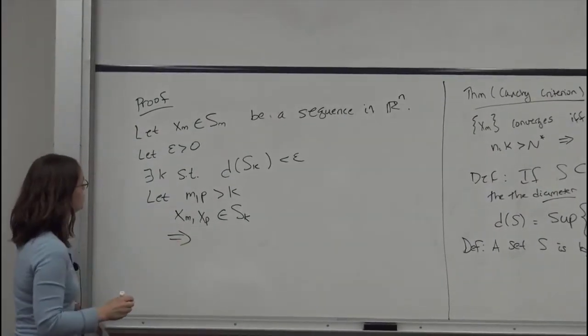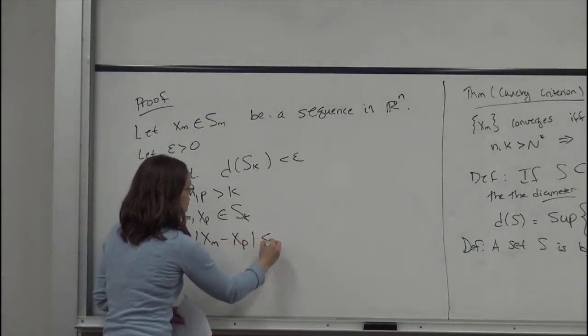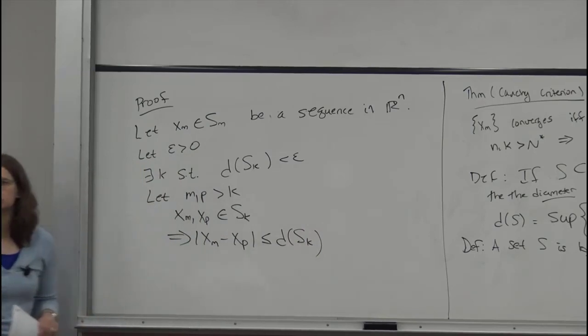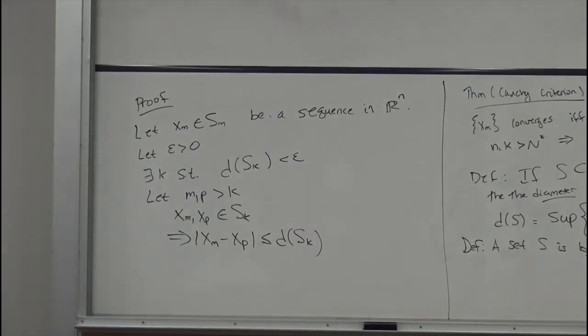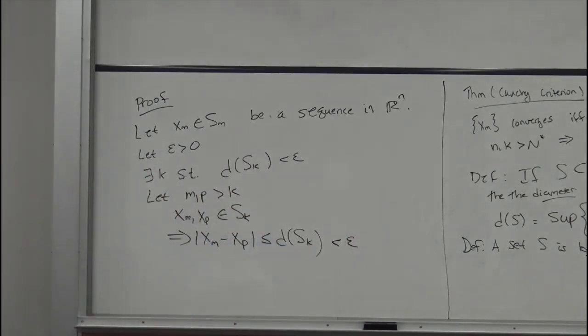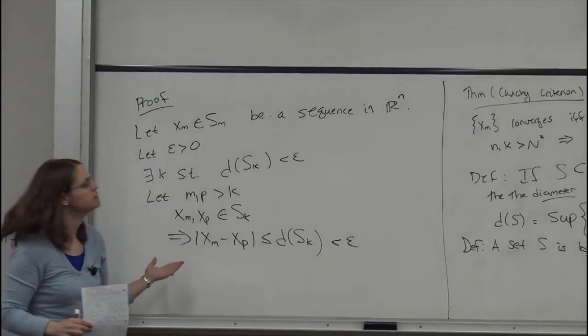And that means the distance between them is at most the diameter of this set, right? It's how the diameter is defined. It's the farthest apart two points can be. And this is less than epsilon. And that's our Cauchy criterion.